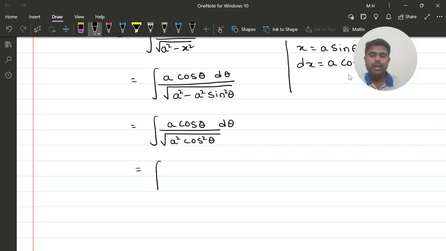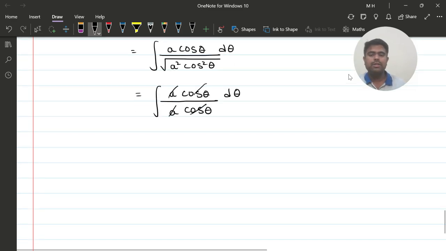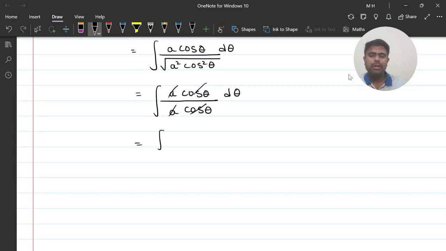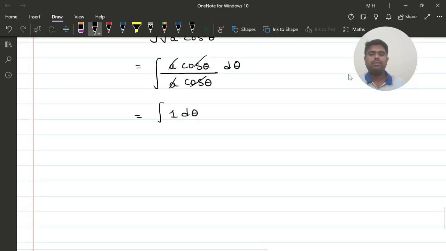Taking the square root of the denominator, I will get a cos theta d theta. So a cancels, cos theta cancels, what will I get? I will get integral of 1 d theta. What is the integral of 1 with respect to theta? It is theta plus the constant c, I will call it as I.